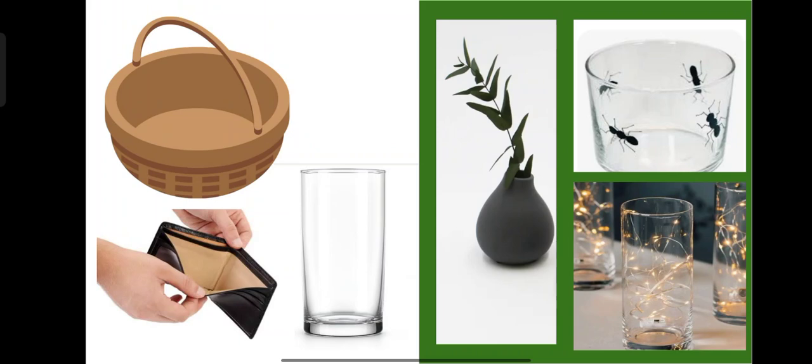But since it contains an object, it is a non-empty set. The thing contained in the set may be useful or may not be valued by us, but if there exists an object, it is a non-empty set. Only if there does not exist any object will it become an empty set.